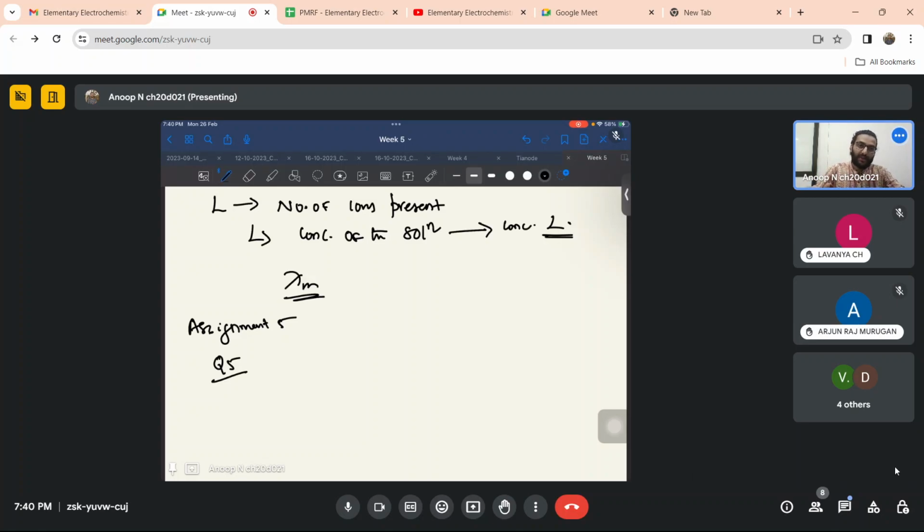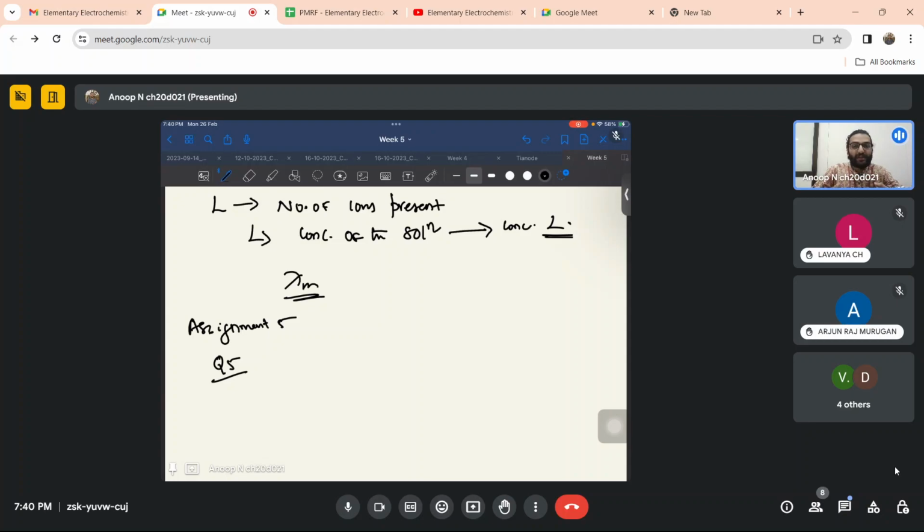Second one is straightforward. It is Ohm's law, what we have seen. For a conductor, resistance is proportional to resistivity, and resistivity is the property of the material, times L by A. So from that, resistance, resistivity, conductance, conductivity, molar conductivity or equivalent conductance, these terms we have told why they are important. If the conductivity is very low, the potential will drop. This is called ohmic drop, which will occur in the solution.